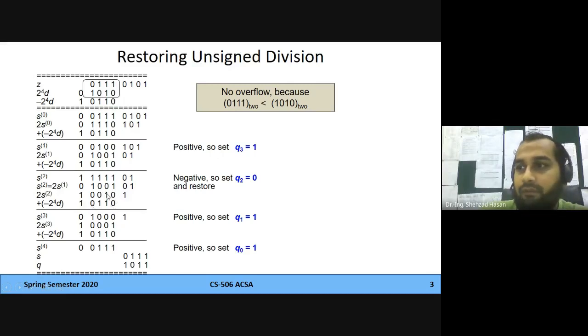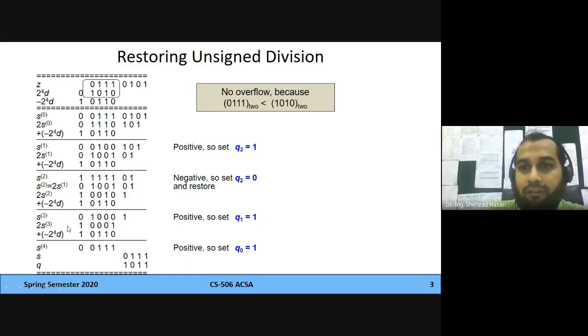0 plus 0 is 0, 1 plus 1 is 0, 1, and 1 plus 1 is 0, 1, which comes over here. 1 plus 1 is 0, 1, and then forget about the carries. So what you get is 0, 1, 0, 0, 0, and this one is just copied from this point. So again, a positive answer. So if it's a positive answer, set that bit to 1, and this was a good trial subtraction, so your trial was good. So you set that bit to 1, and then move on, which is now going to be a last step.